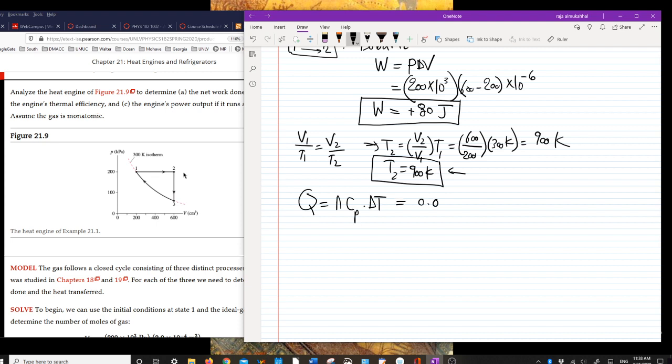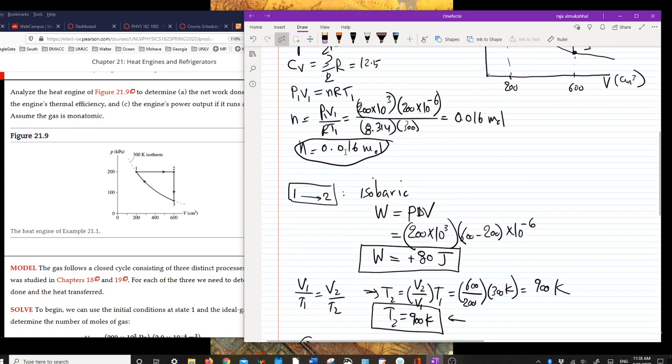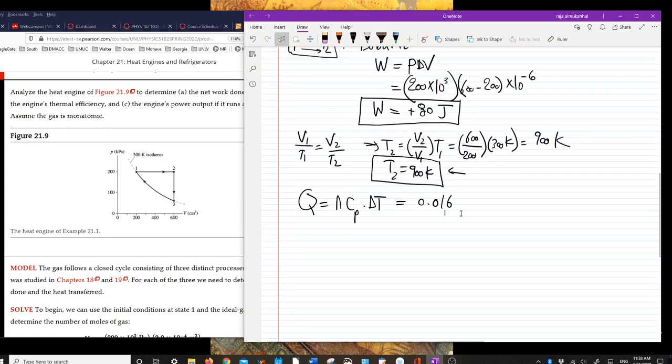So here we have 0.016 for the number of moles, right there, times C sub P. We know it is equal to 5 halves R, 20.8, times delta T, which is 900 minus 300. That gives me 200 joule. So this is basically Q hot, in other words, the heat that enters the system.